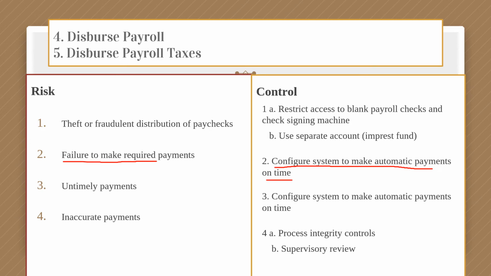You can go through them one by one, but the idea is simple. We have risks related to each activity, and we have controls to address them, either physical or IT, depending on the processing system used, either a basic technology system or an advanced technology system. If we use an advanced integrated system, then we will have more IT controls in place.